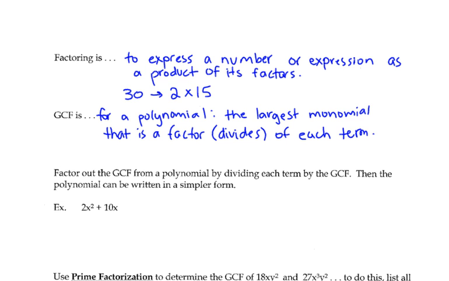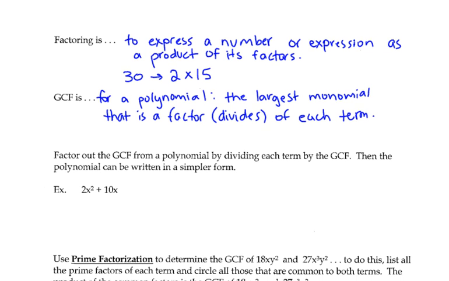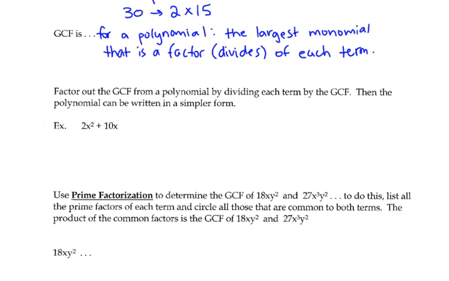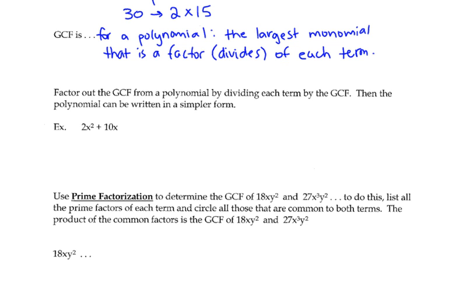Greatest common factor must be a factor for every term in the polynomial. Okay? So when we want to factor out the GCF, for a polynomial, we're going to divide each term by the GCF. Then the polynomial can be written in simpler form.